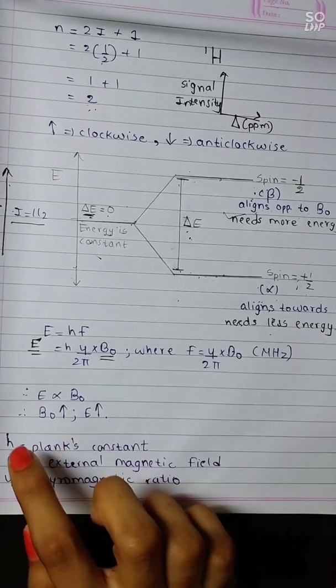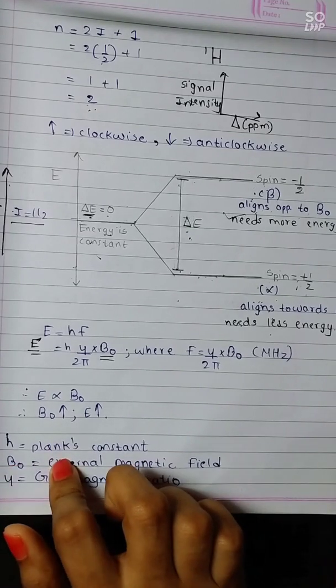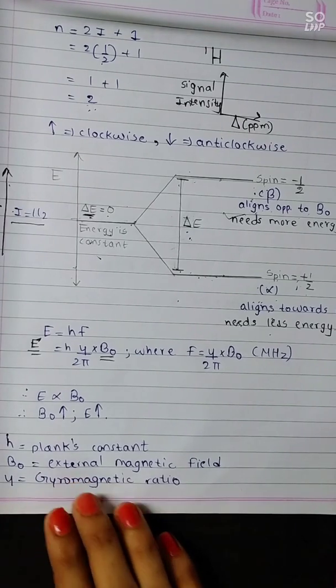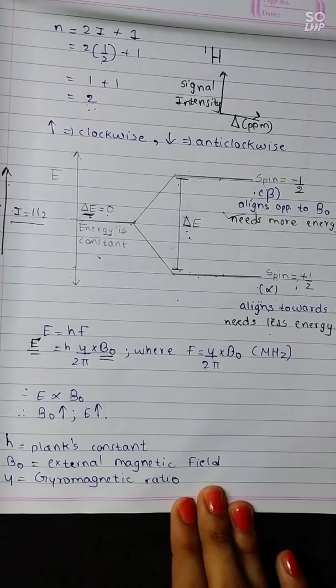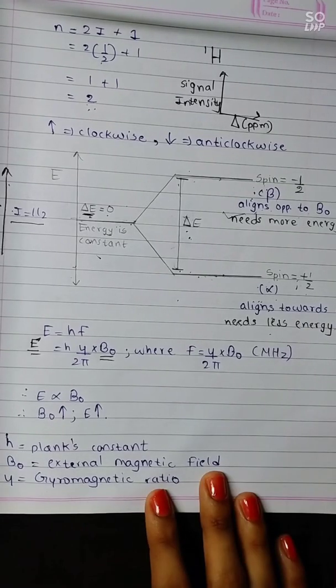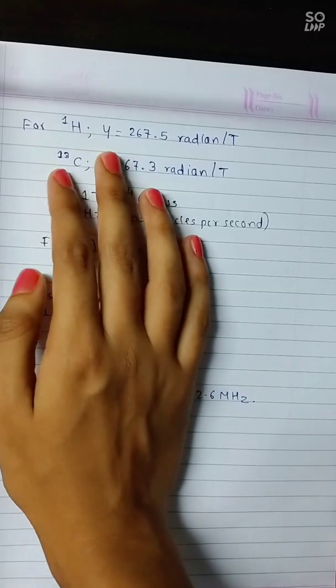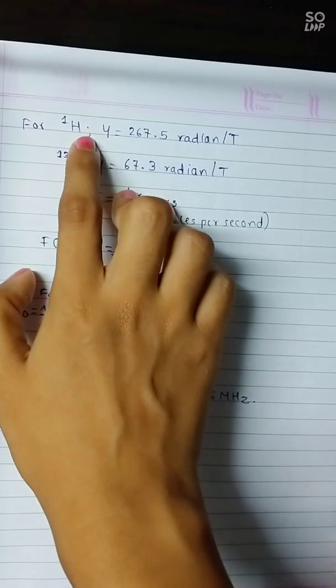Fine. So what is H? H is Planck's constant, B is the external magnetic field and gamma is the gyromagnetic ratio. The gyromagnetic ratio is the ratio of the angular momentum to the magnetic moment. Now we have to remember the value of the gyromagnetic ratio for 13C NMR and proton NMR.